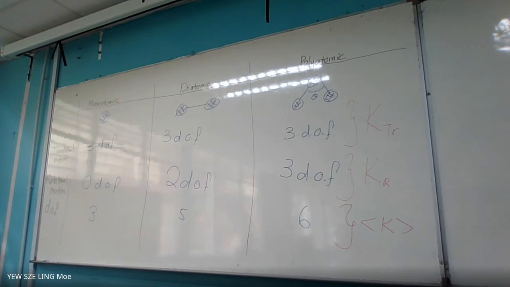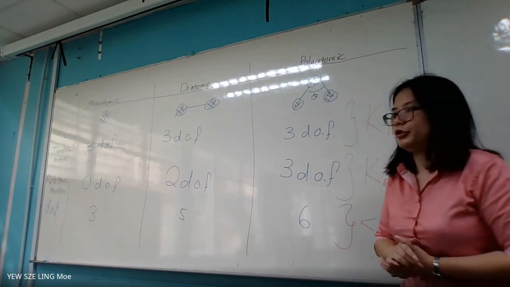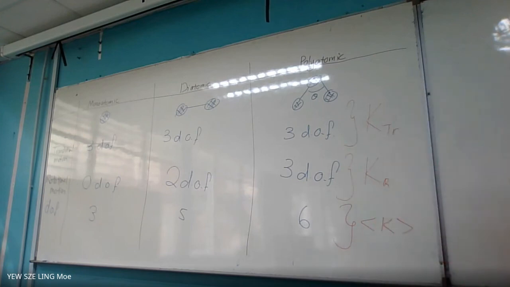Okay, so next, how are we going to calculate the energy then? Now we know how to determine the degree of freedom. Next, we want to see how we are going to calculate the kinetic energy. So there are 2 types of kinetic energy that can be calculated. First of all, let's look at the principle of equal partition of energy. In this subtopic, there's a new principle that you need to know.